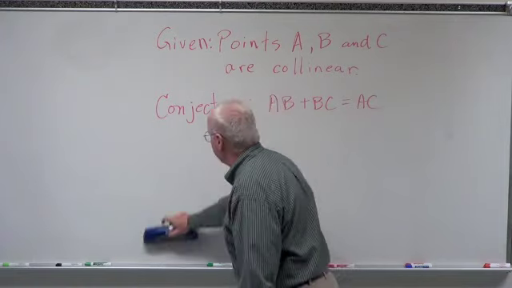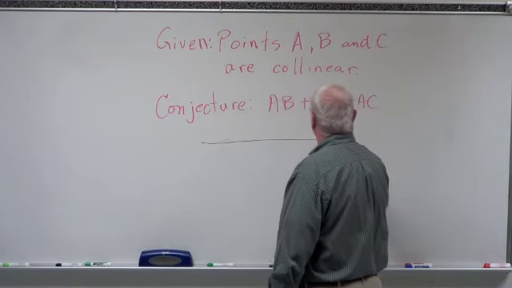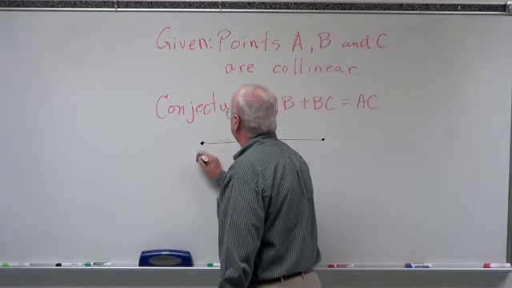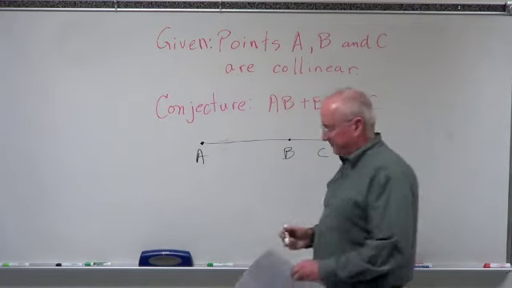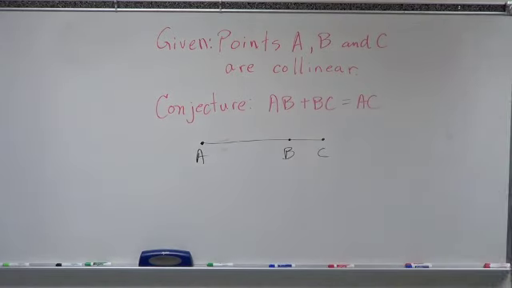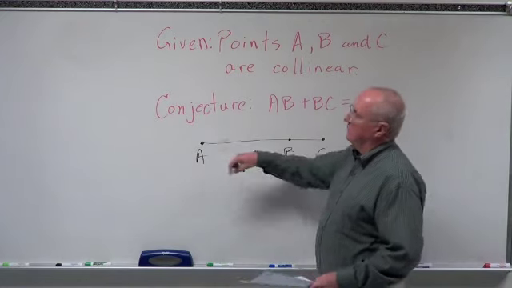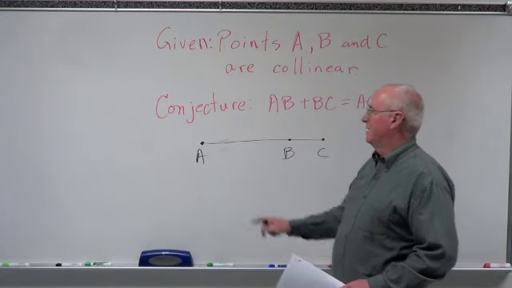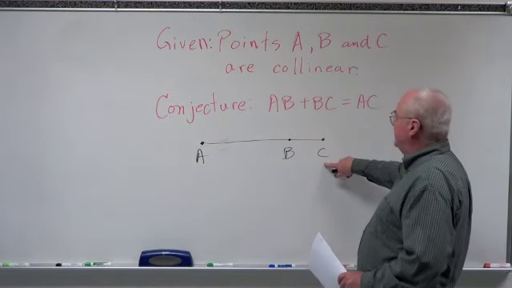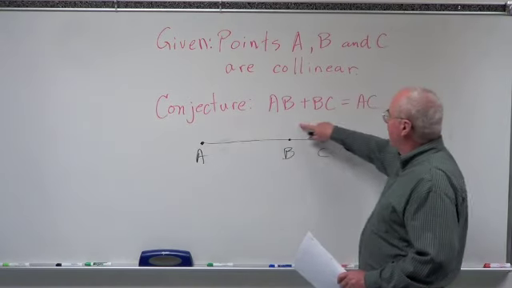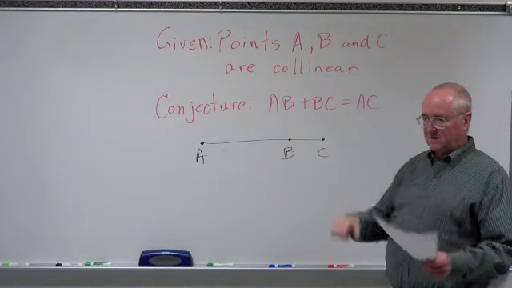Well, let's get us a line there instead of whatever. Oops, still not very good, but let's go with it. We'll put B down here. Are A, B, and C collinear? Yes, they are on the same line. Is B between A and C? Yeah. So therefore, segment AB plus segment BC equals segment AC. Very good.